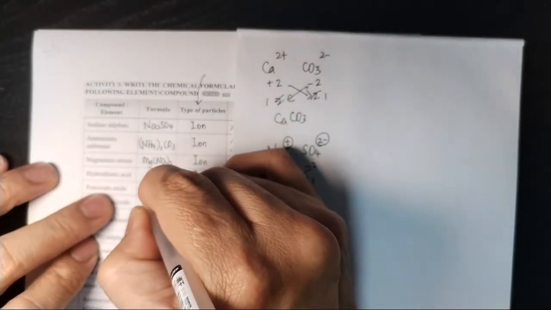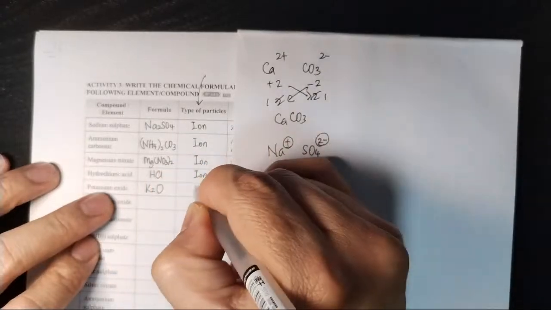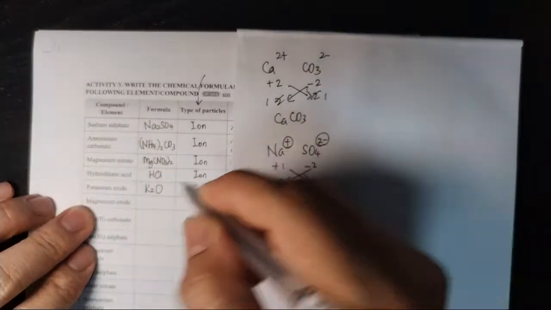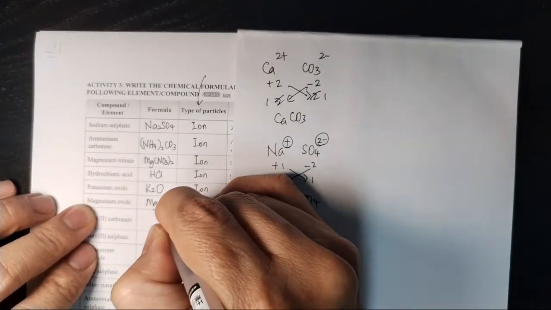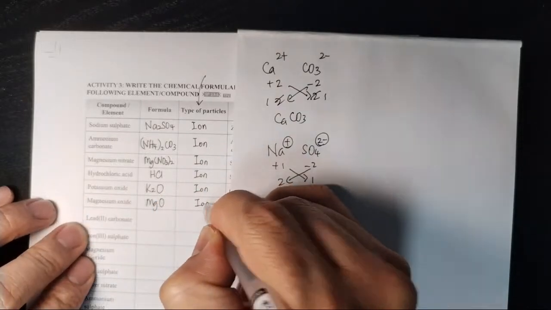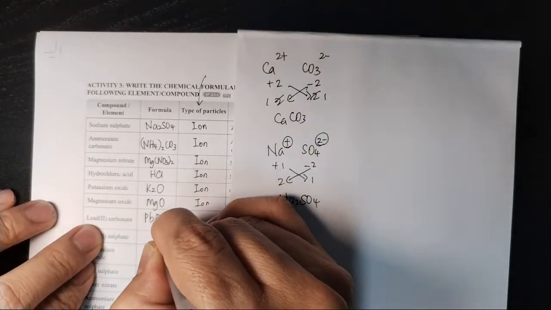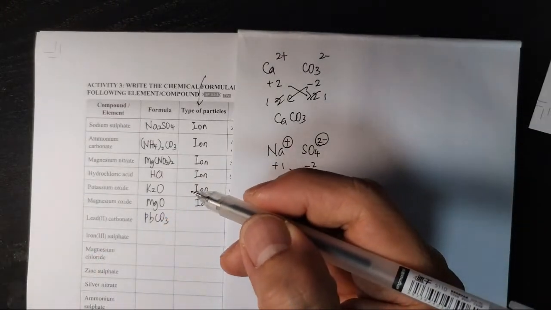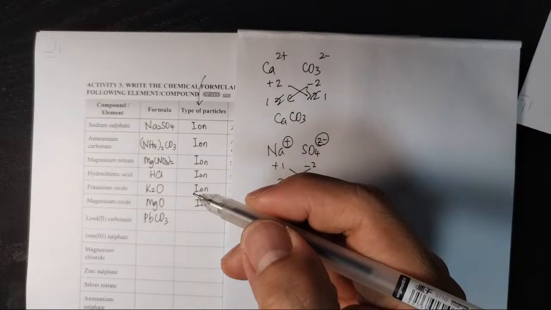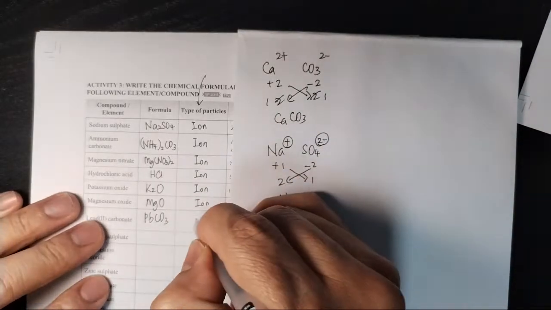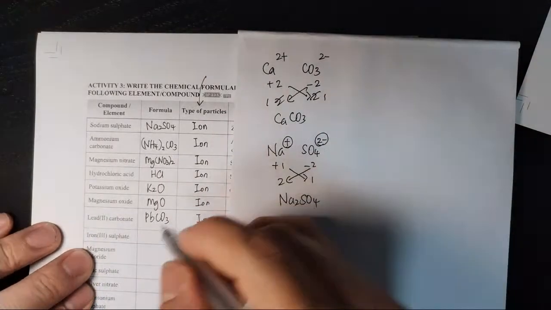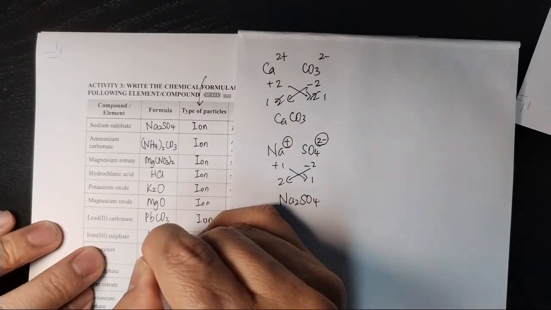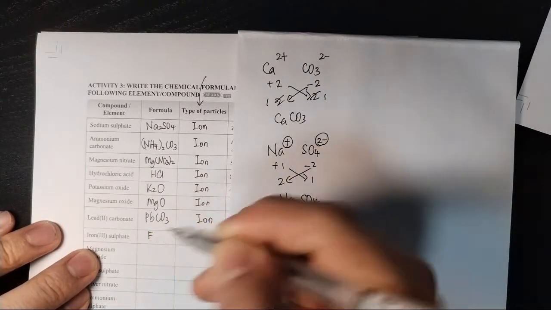Potassium oxide, K2O, all these are ions. Magnesium oxide, ions. Lead 2 carbonate, also ions. The ones we have learned just now are all ions.